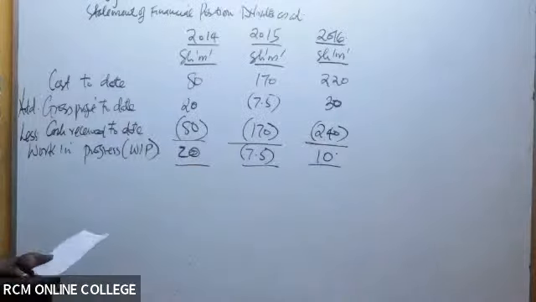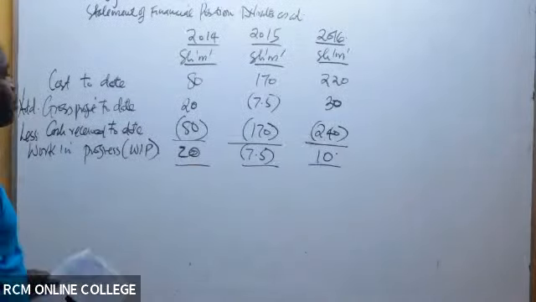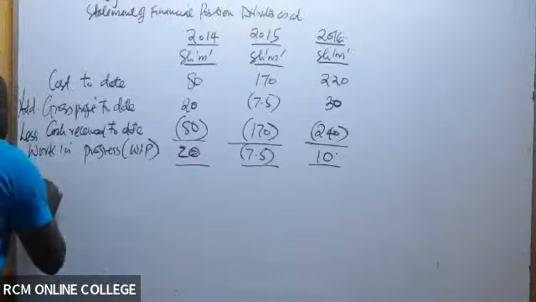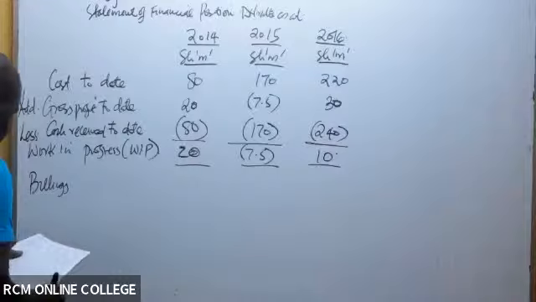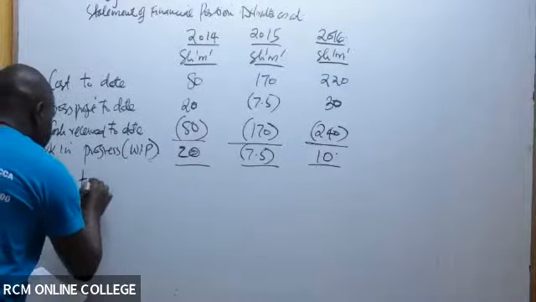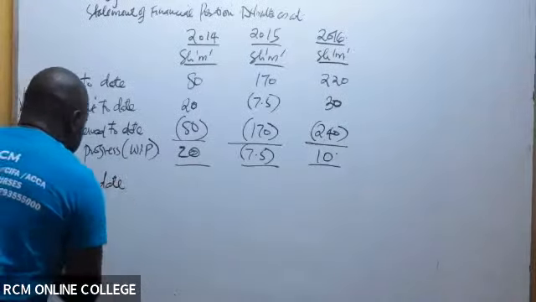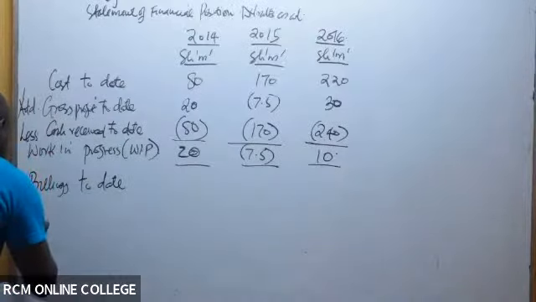Then in this case, our trade receivables or trade payables. So we say to get the trade receivables or trade payables, you take the billings to debt, you less the cash received to debt.